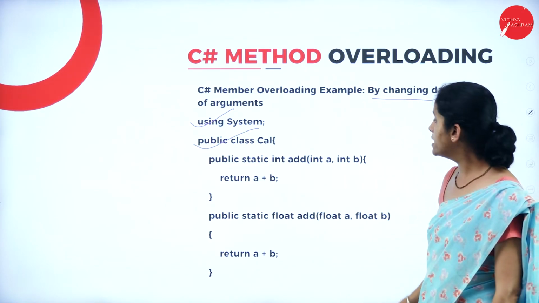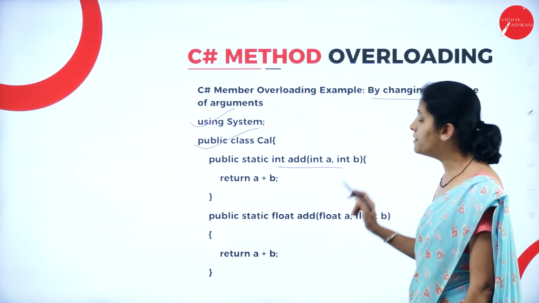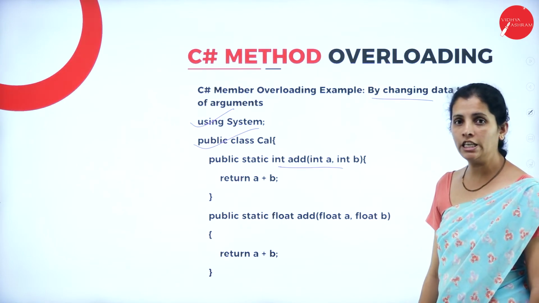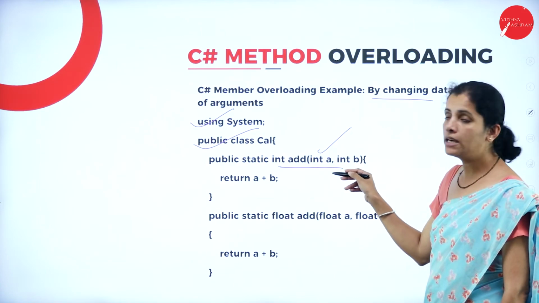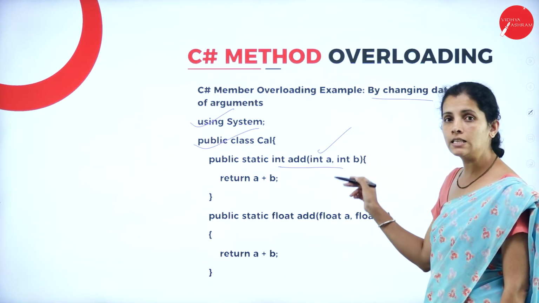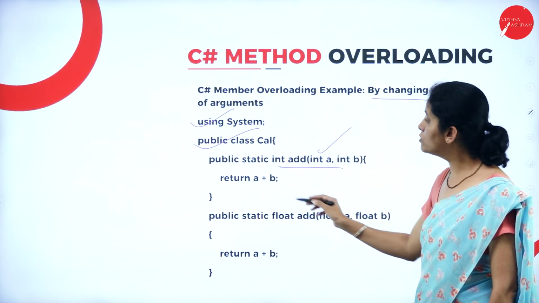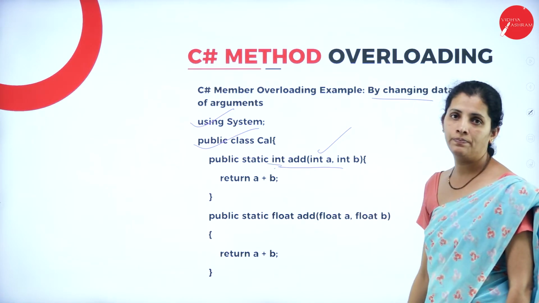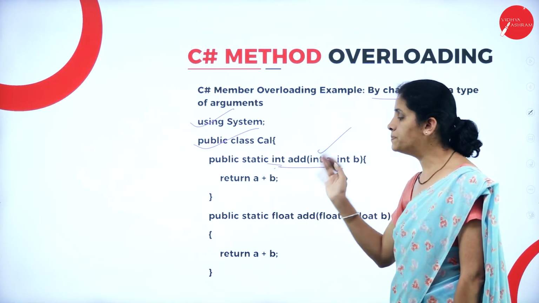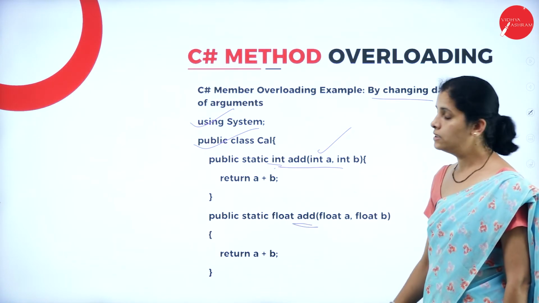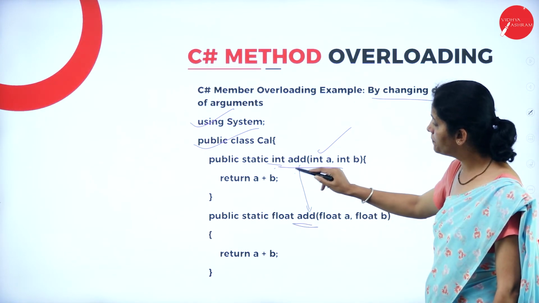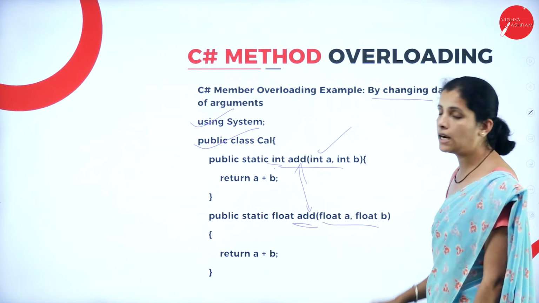Now see here. In my first function, I'm going to use the integer data type. That means the type of the data here is number, that is integer, and it's also going to return integer. So I'll write a plus b. But if I consider the second method, here the method name is the same, but what about the data type?